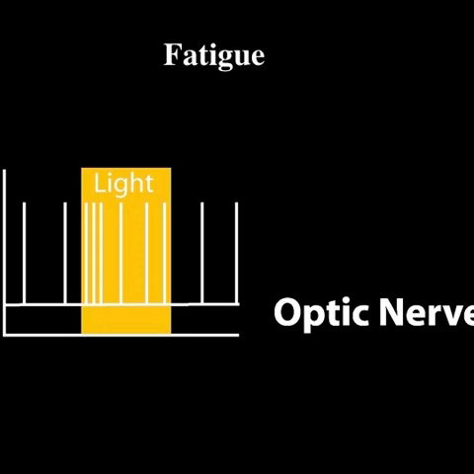Fatigue, or adaptation, is also a feature of not all but most neurological systems. This is a graph of action potentials, or rather it's a graph of the membrane potential with action potentials superimposed, of an axon in the optic nerve.